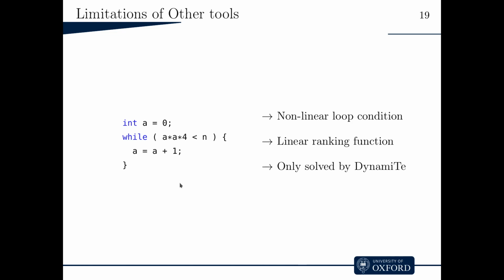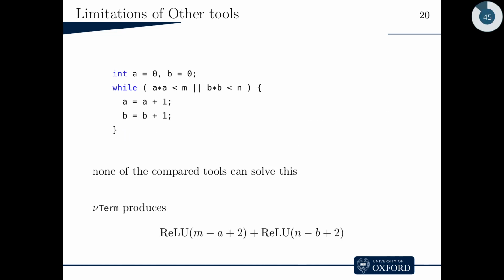Our tool is able to solve it very quickly, and so is Dynamite. Similarly, when we have disjunctions in the loop guard, so here again we have nonlinear behavior and we have a disjunction over the loop guard, so we have 2 different loop guards. None of the compared tools are actually able to solve it, not even Dynamite. And our tool, NeuTerm, immediately produces the following ranking function and thus solves this problem.